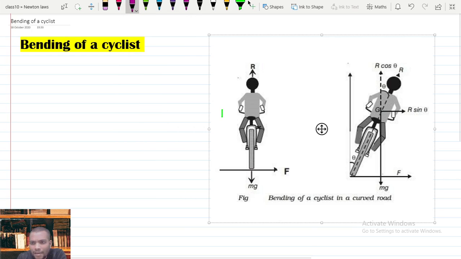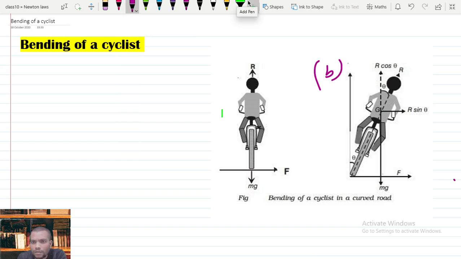But when it encounters a curve, in figure B, the normal reaction force is resolved into two components, R sin theta and R cos theta, depending upon the angle.